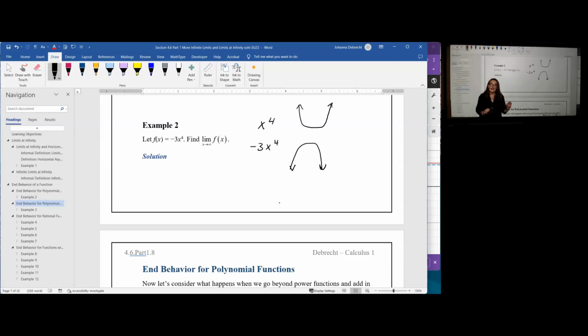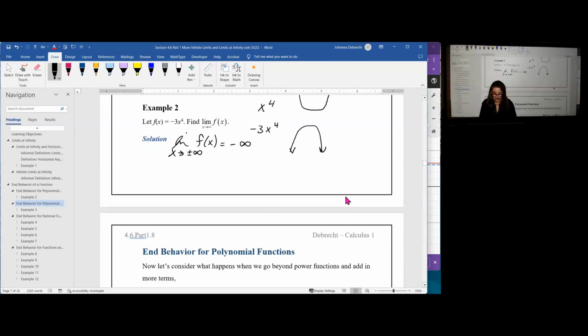In this case, the -3 reflects the end behavior. So if we're looking at the limit of the function as x goes to infinity, we get -infinity. We get the same as it goes to -infinity. So the limit as x goes to positive or -infinity is going to be -infinity, right? Far right, far left goes down forever.